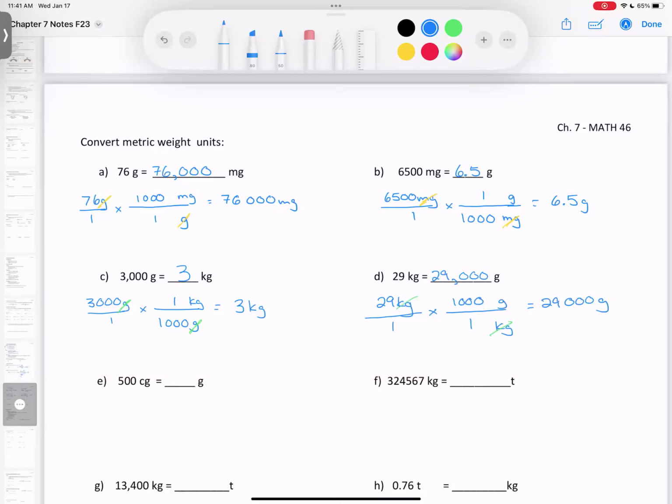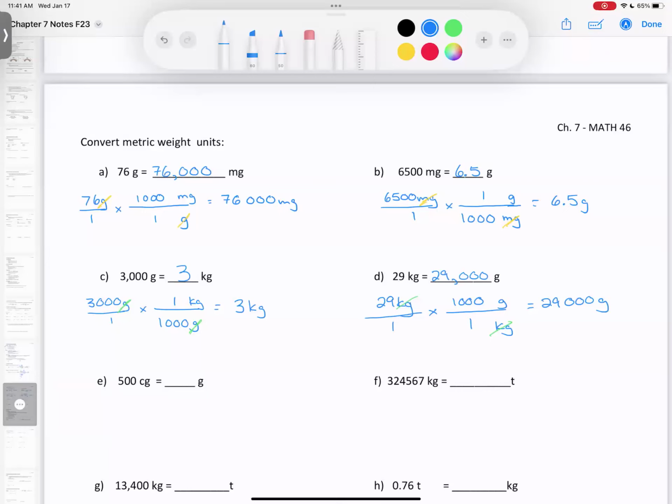Now, if you want a different way to do these, you can always use the staircase approach. So for example, on question D, let's go to the staircase on your formula pages, which is 1 over from the conversion factors. And we're looking at weight, so we're looking at that middle staircase there. We're starting in kilograms, so we're starting at the very top of the staircase.